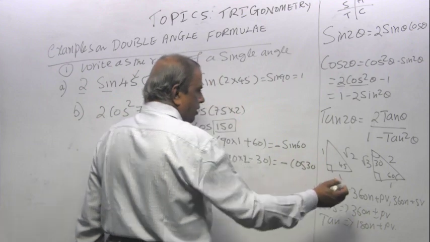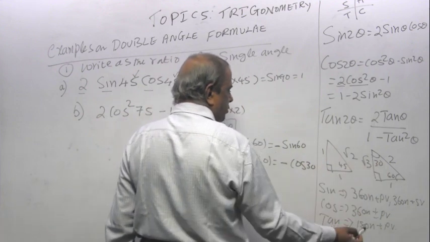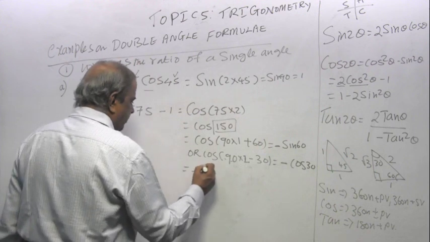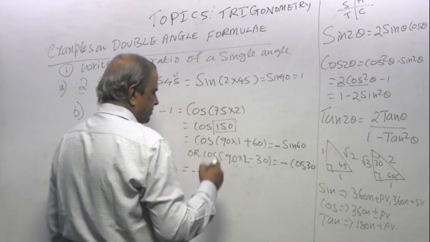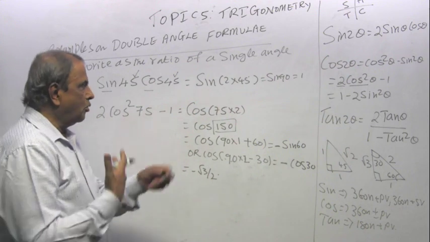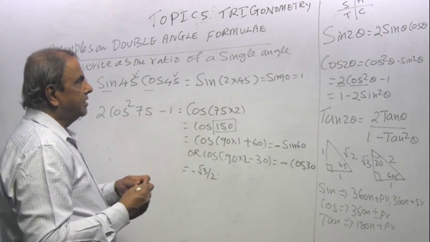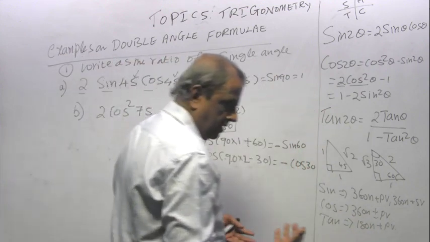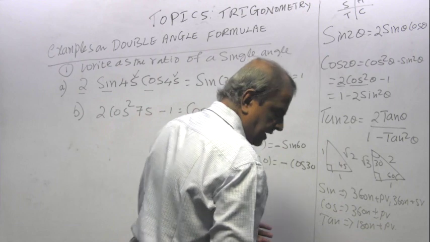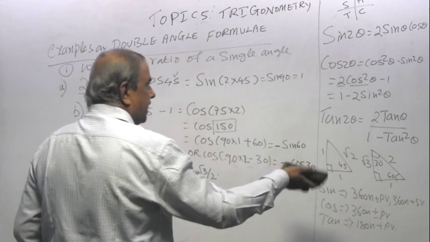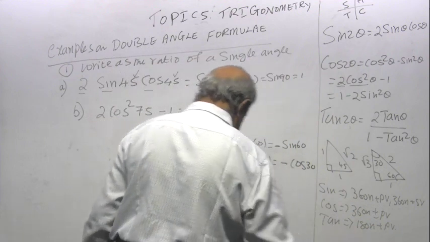And remember, cos 30 is root 3 over 2, sin 60 is also root 3 over 2, so the answer is minus root 3 over 2. That's how you work it out. In other words, that's how you get to know the compound angle formula and double angle formula, looking at it from right to left instead of left to right.